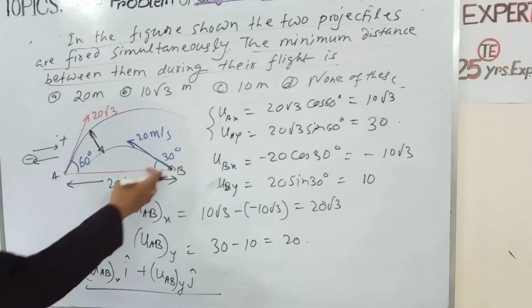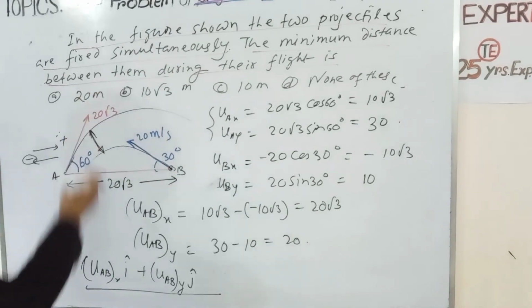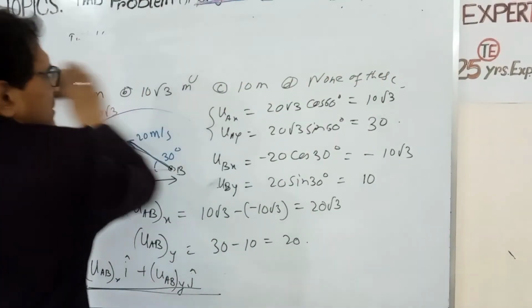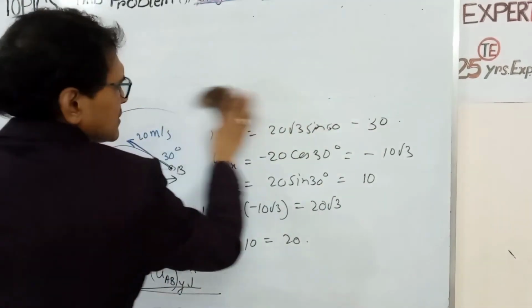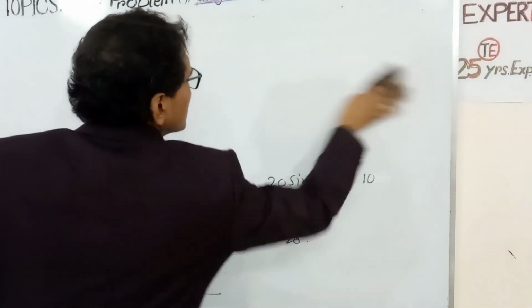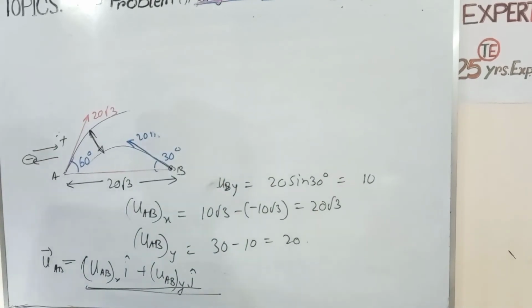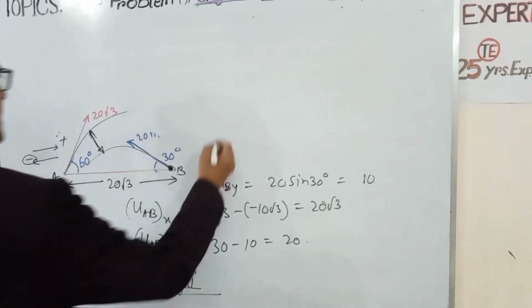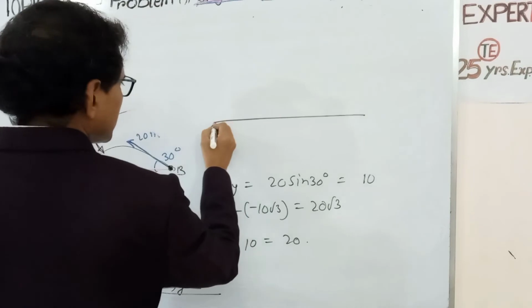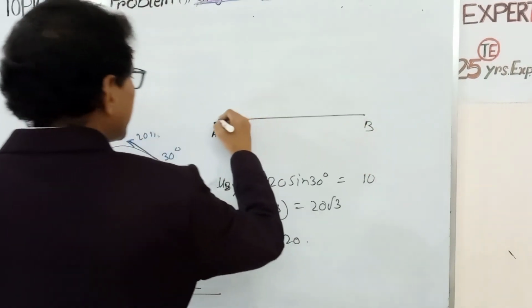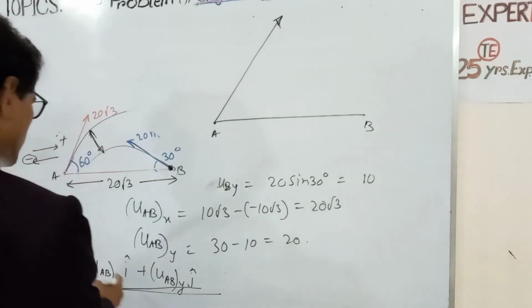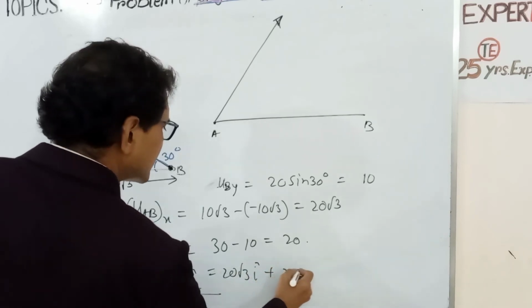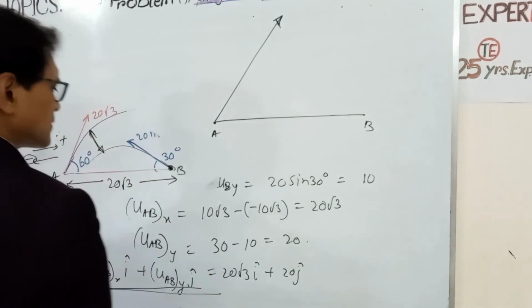Now this body moves with a velocity in this way. So if the body is at rest, then this body moves with the velocity of this, which is a straight line. If B is at rest, A moves in a straight line in this way, whose velocity is uab equal to 20 root 3 i plus 20 j.